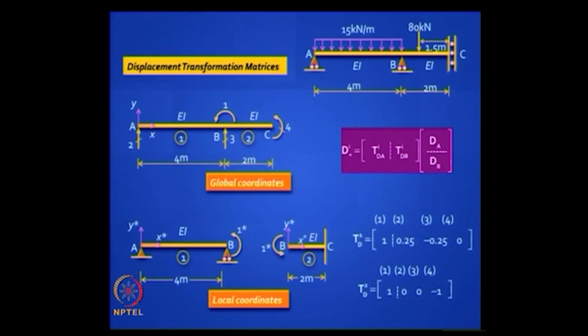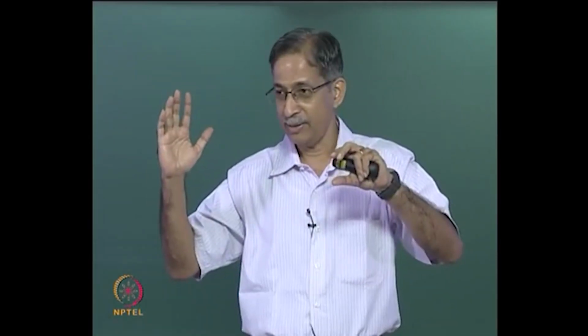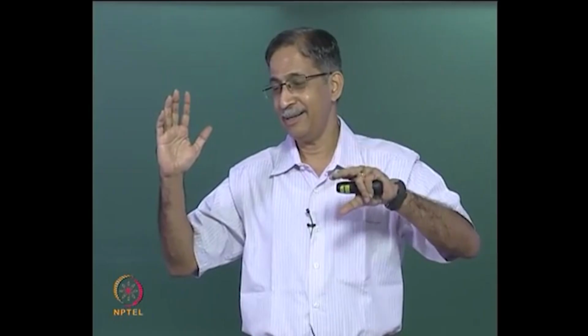Now you have to be careful. In a cantilever, translations don't create any problem. In a cantilever, remember it was guided fix here and support here. If you have support settlements, it's not going to create any problems.